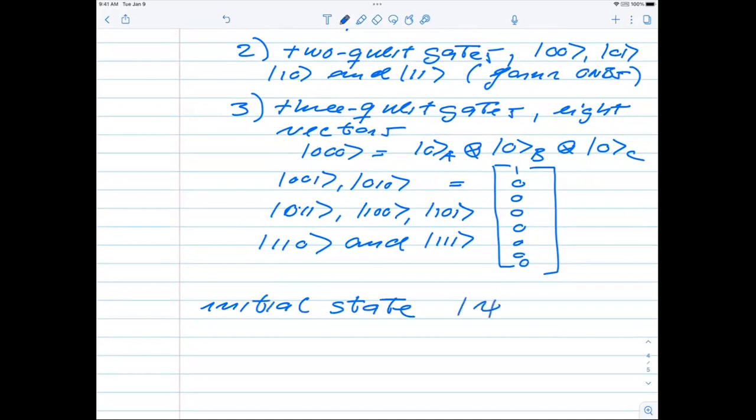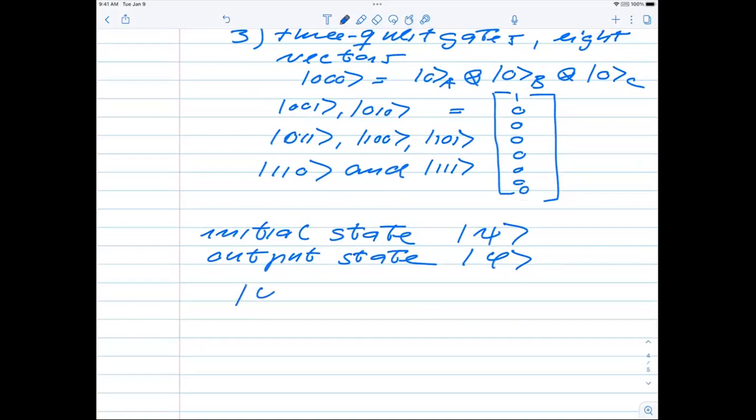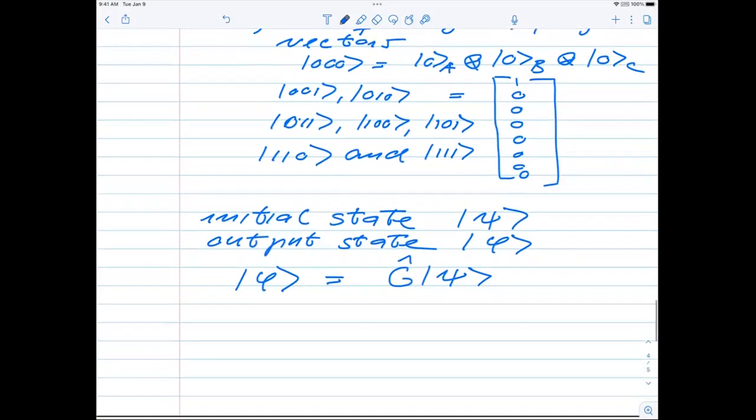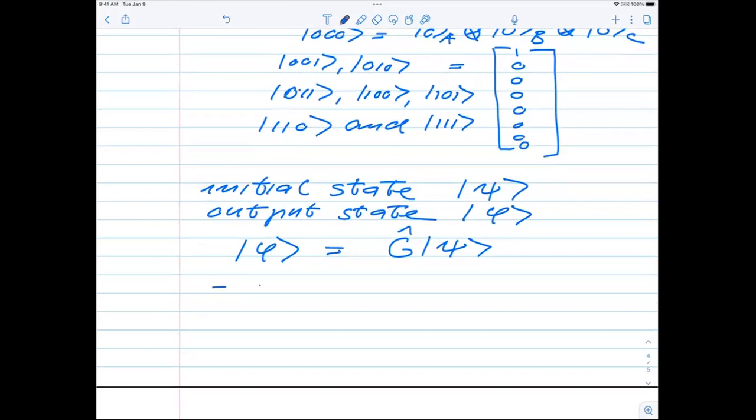So we have an initial state psi, and then we are going to get an output state, which I'm going to call phi, when we perform these operations. So we have an operation where we have a gate here, an operator which acts on this initial state psi. There are classical equivalents of the quantum gates, which we discussed just now. But what we are going to look at now are, in particular, the 1 qubit gates.